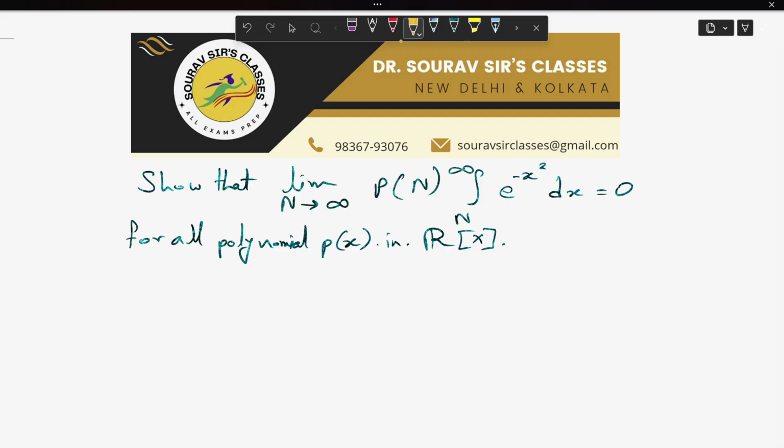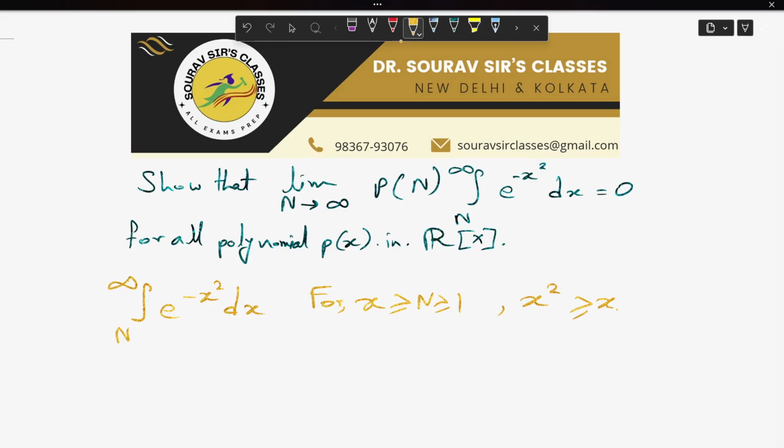First we are going to estimate the integral from n to infinity of e to the power minus x squared dx. For x greater than or equal to n, which is greater than or equal to 1, we have x squared greater than or equal to x. We all know that.